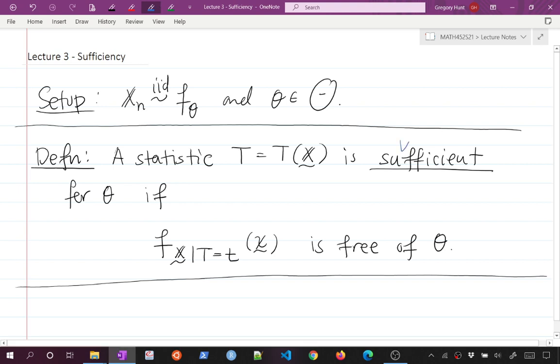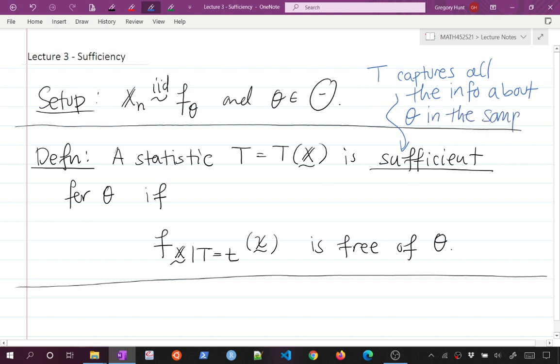Sufficiency is basically the mathematical way of codifying that T captures all the information about theta in the sample x tilde.